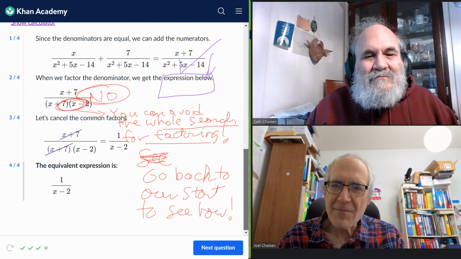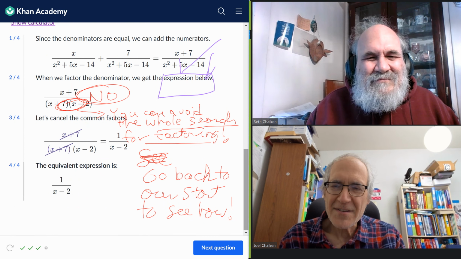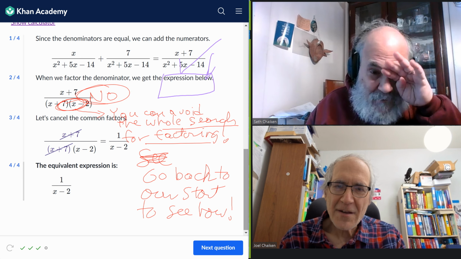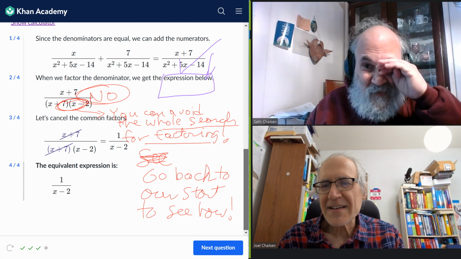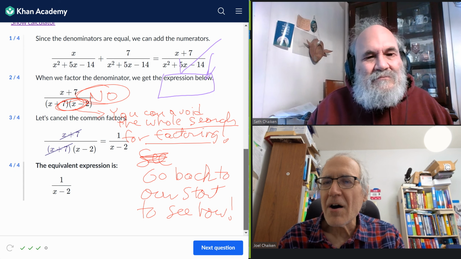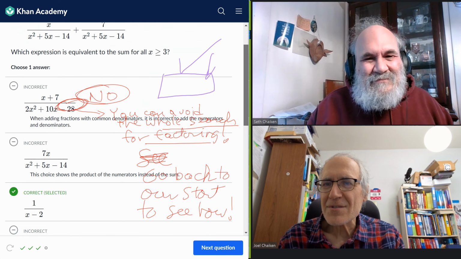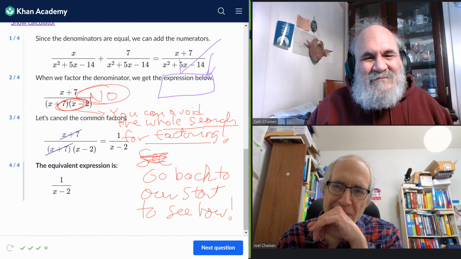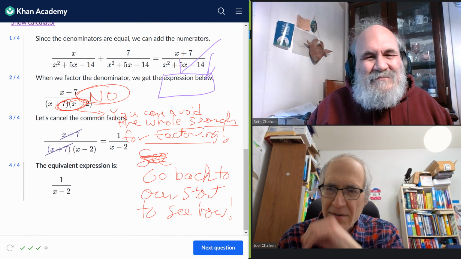Why can't they just say x can't be 2 or negative 7? But that may be giving it away. Right, they don't want to give it away. Okay, wait. x minus 2 is 2, and x plus 3 is negative 3. Okay, fine.